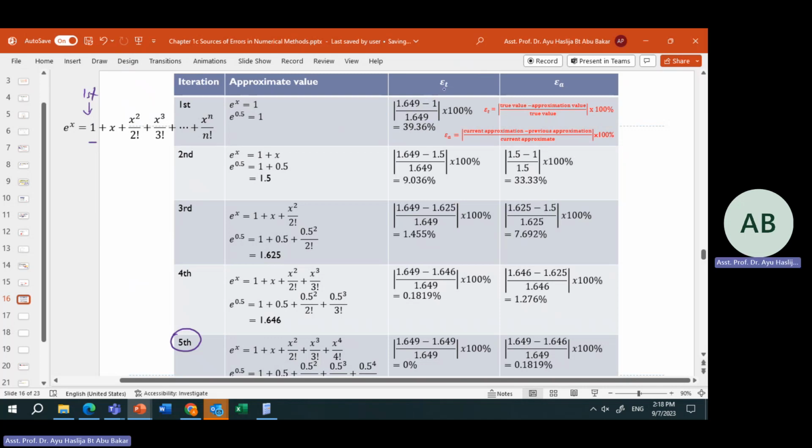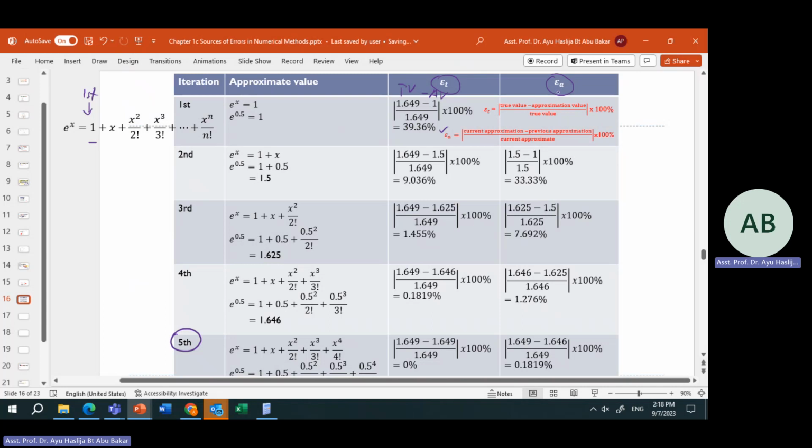You need to find the true error and also the approximate error. How to calculate true error? True value minus the approximate value over the true value. Then you will get this percentage. This one is ET.